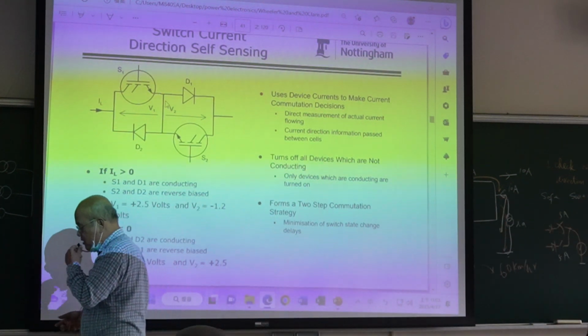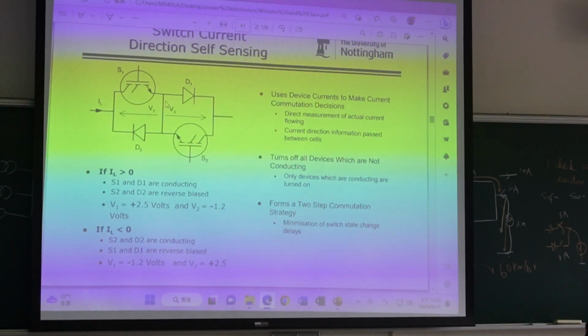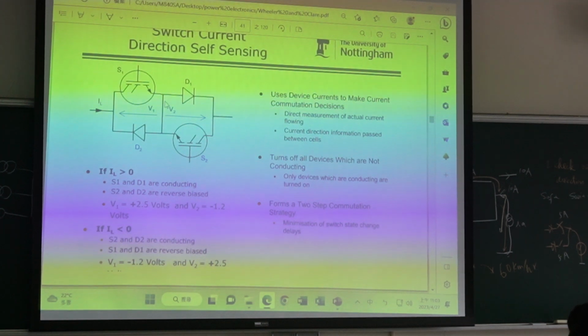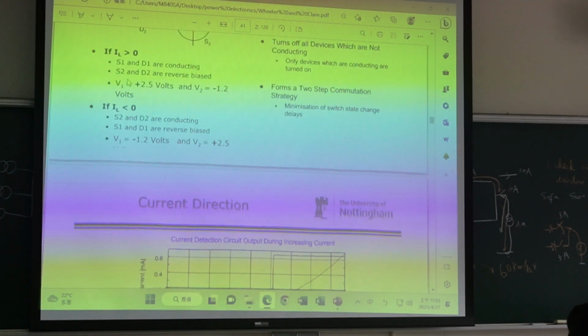So if you do this research, what can you do? You have to think, how can I use a circuit to replace the Hall sensor? Why? Because the Hall sensor is expensive and it occupies space. If I can use a circuit, it is smaller and it is better.